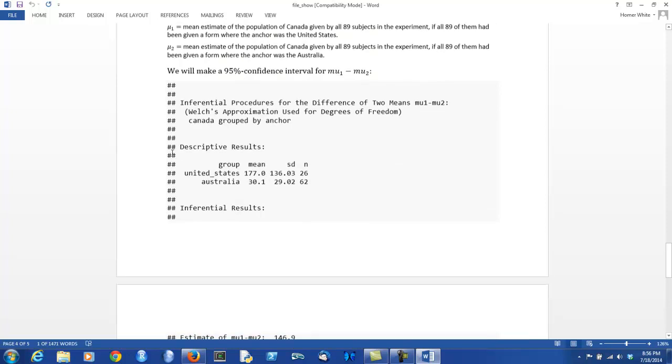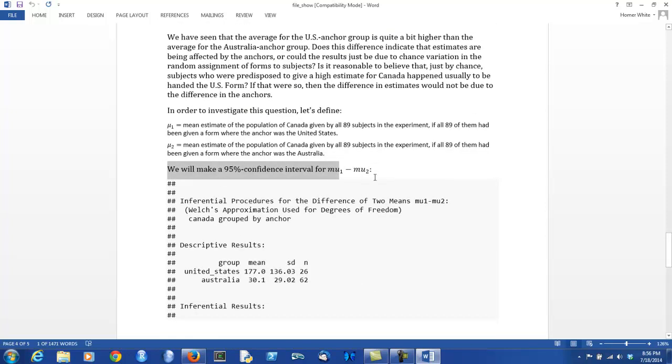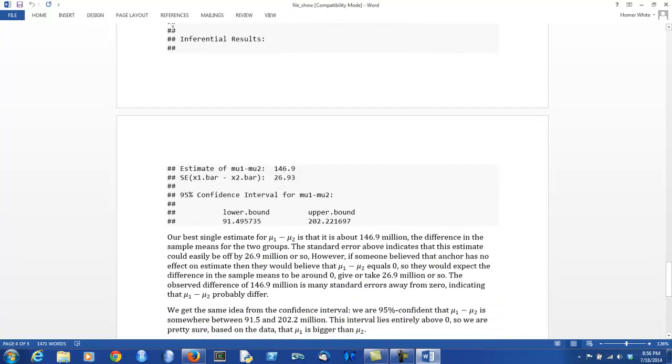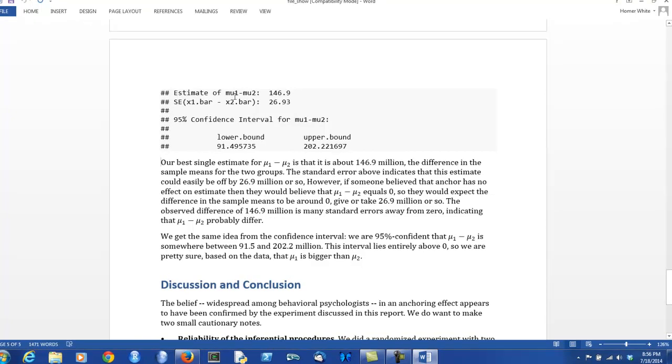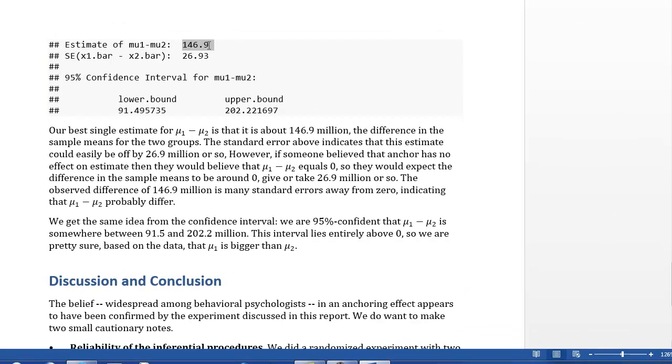Notice that after appropriately introducing the results and then giving them, we have a discussion of the results in which we try to interpret for the reader every important element that's printed out in the results. We have a point estimate of mu1 minus mu2. That's the difference of the sample means for the two groups.